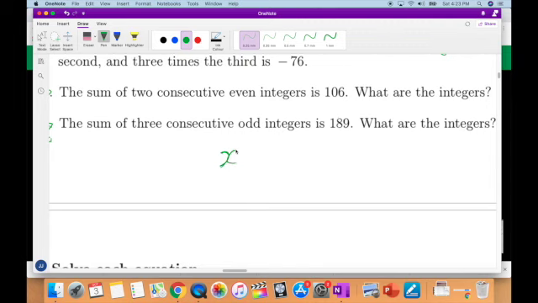So what can I do to make sure that it is even? What are some of the characteristics of an even number?